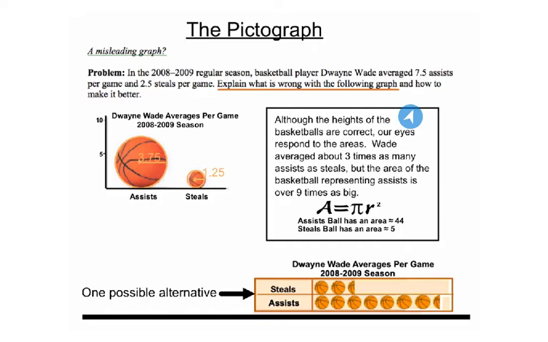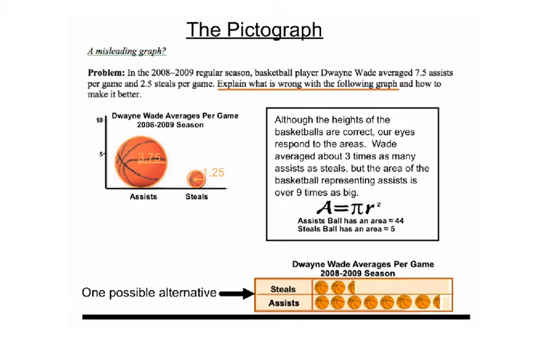Wade averaged about 3 times as many assists as steals, but the area of the basketball representing assists is around 9 times as big. So here we have the radius of each basketball, because 3.75 is half of 7.5, and 1.25 is half of the diameter 2.5.